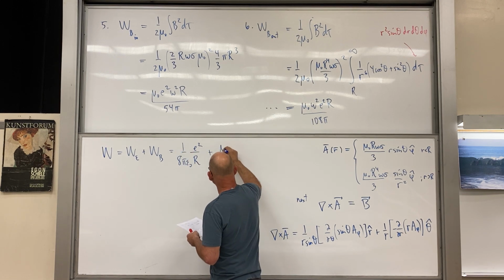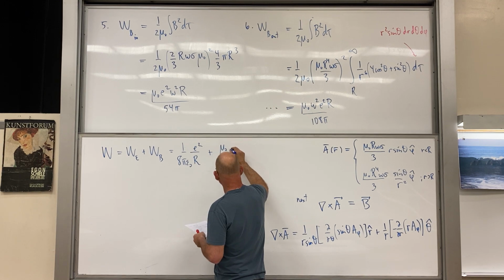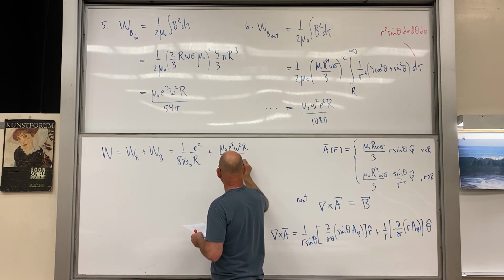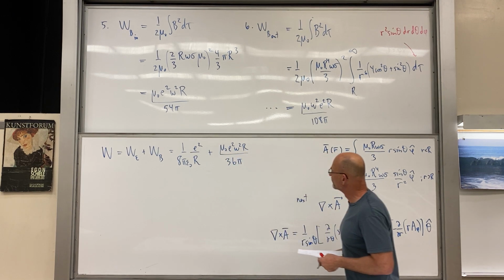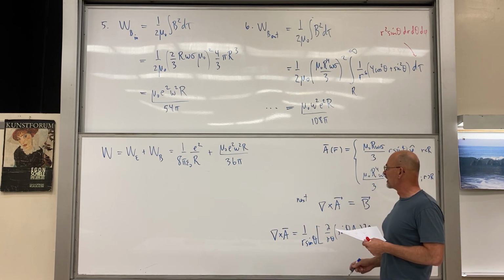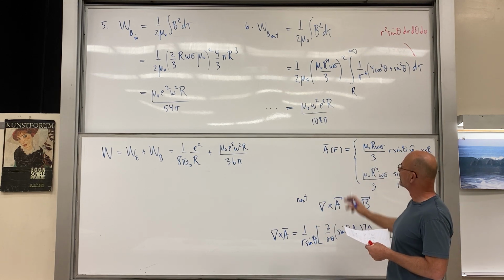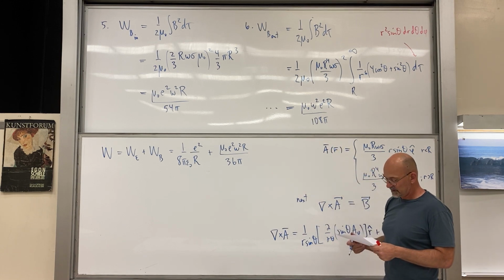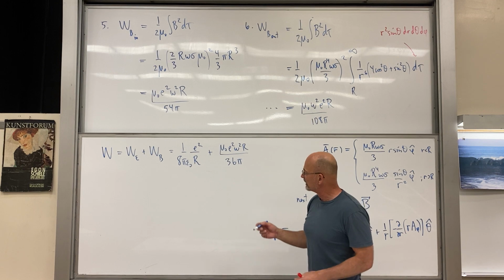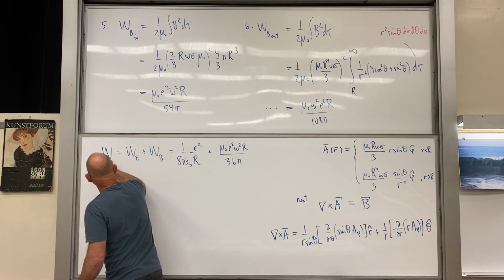And then this one simplifies to mu naught E squared omega squared R over 36 times pi. Okay. Just common denominator, you got a 3 over 105, 3 over 108, and that's where that comes from. Good, so that's the total energy. So far, so good.